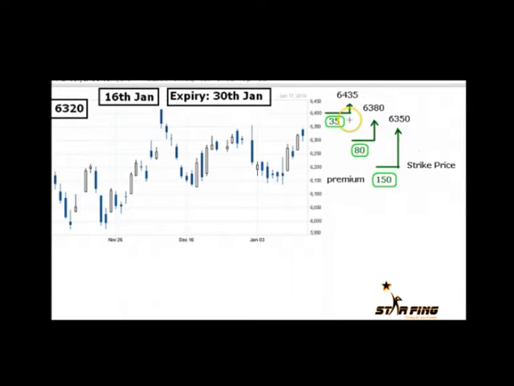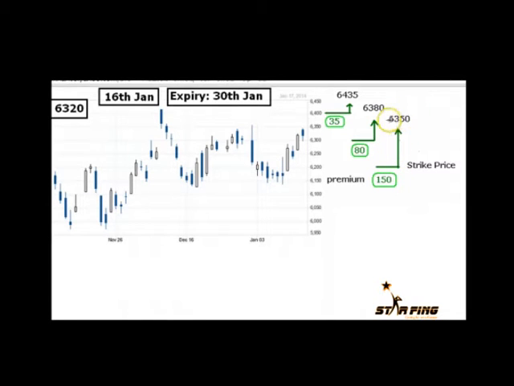So what this means: when I say I am a buyer and I am expecting markets to go up, I can see that the trend is currently up, so I expect the markets to go up. When I say I want to be a buyer of the 6200 contract, I'm buying at the premium of 150. It means that on top of 6200, I'm expecting 150 rupees on the upside.